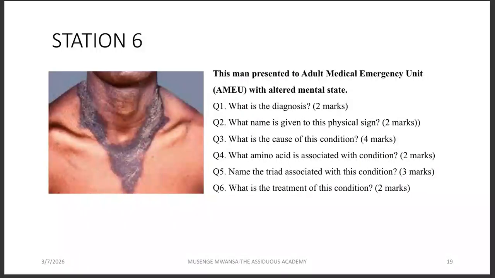Name the triad associated with this condition. So, what's the triad of pellagra? Dermatitis, dementia, and what?